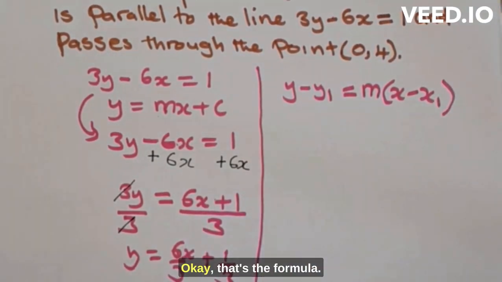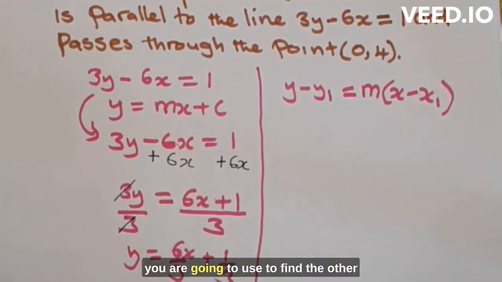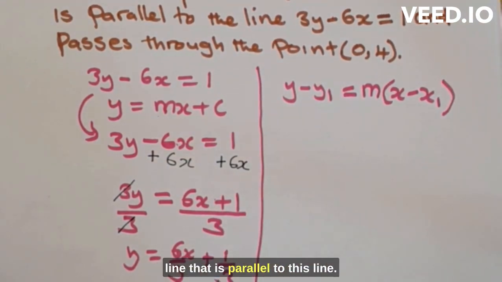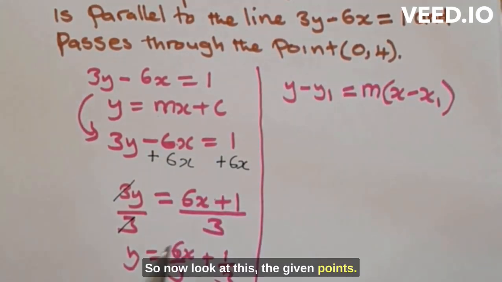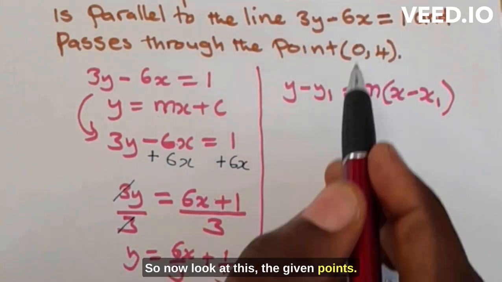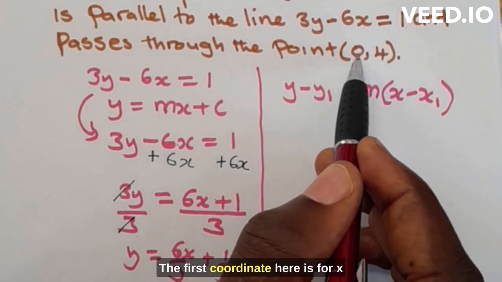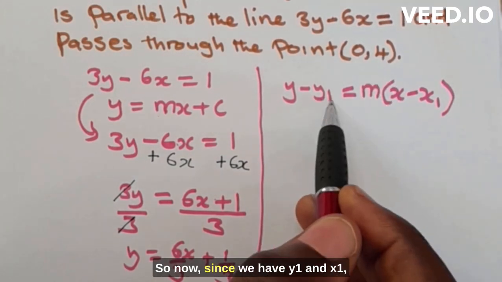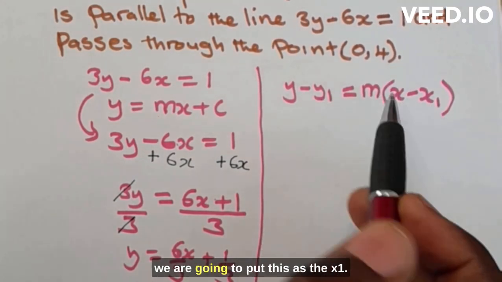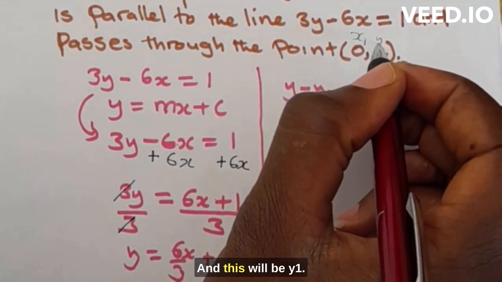After finding the gradient, this is the formula that you are going to use to find the other line that is parallel to this line. Now look at the given point: the first coordinate is for x and this one is for y. So we put this as x1 and this will be y1.